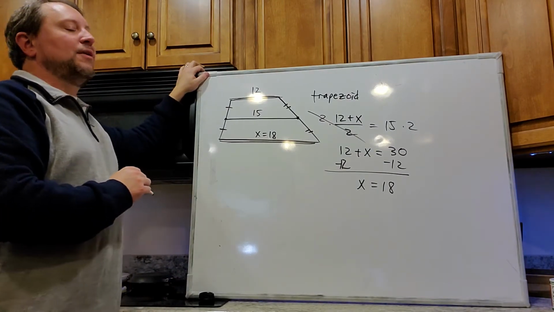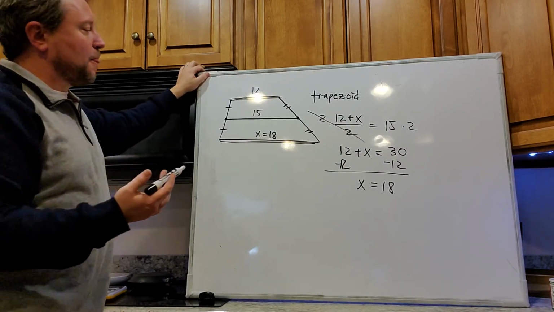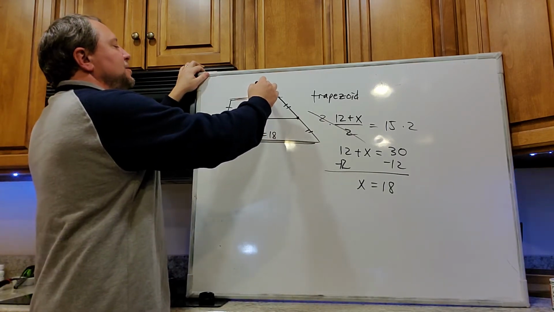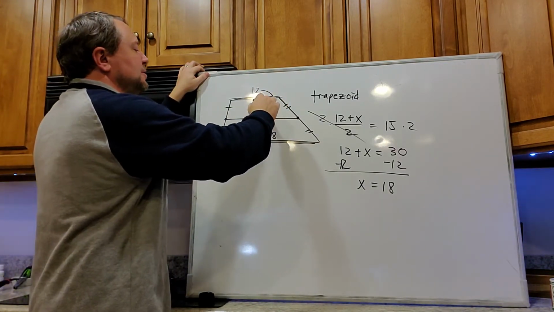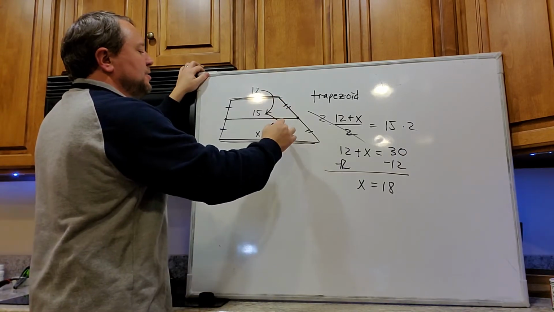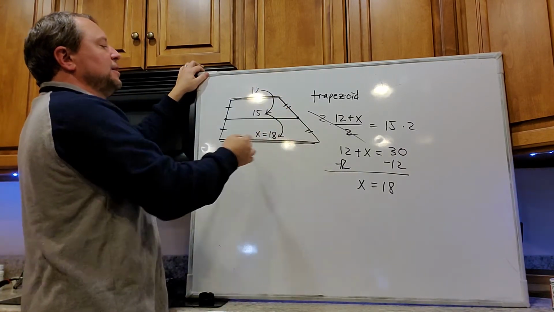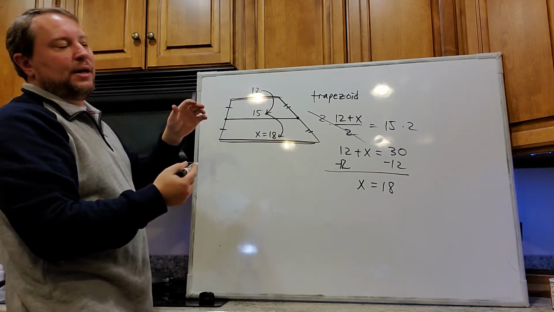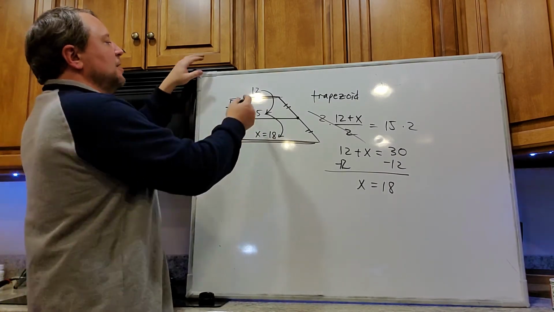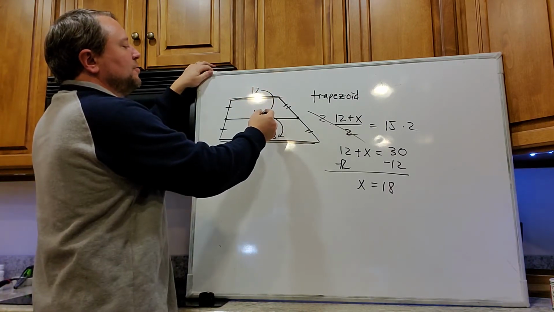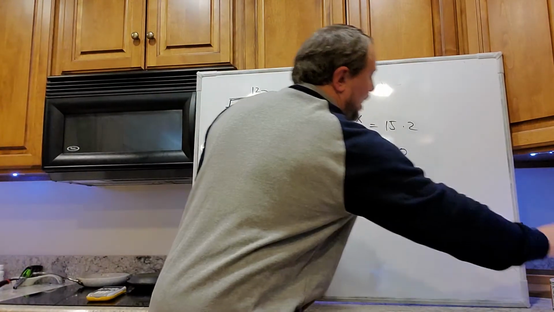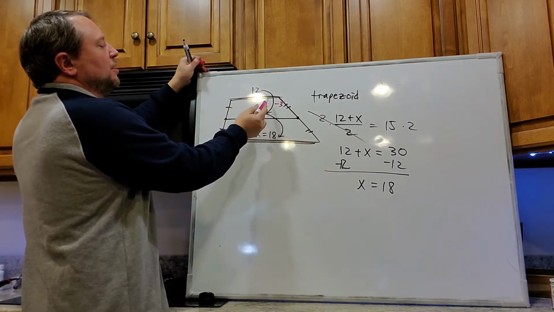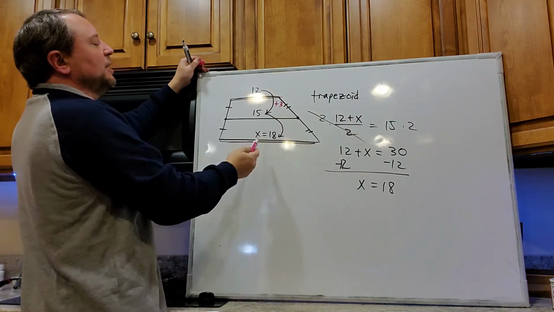Okay, another way though to find that that's a little bit quicker, you know, since this median's exactly in the middle, that means as you step down to this and then as you step down to this, each time you step down to each of those segments, they're all evenly spaced such that if you look as I go from 12 to 15, do you see that that's an increase of 3?